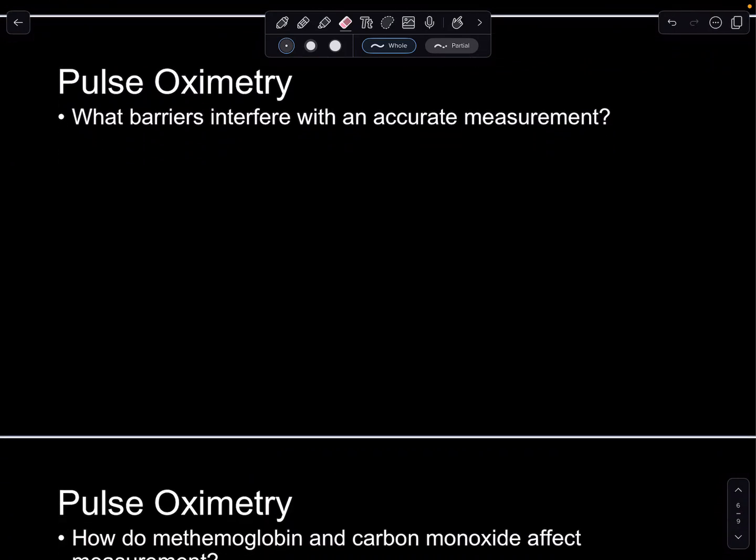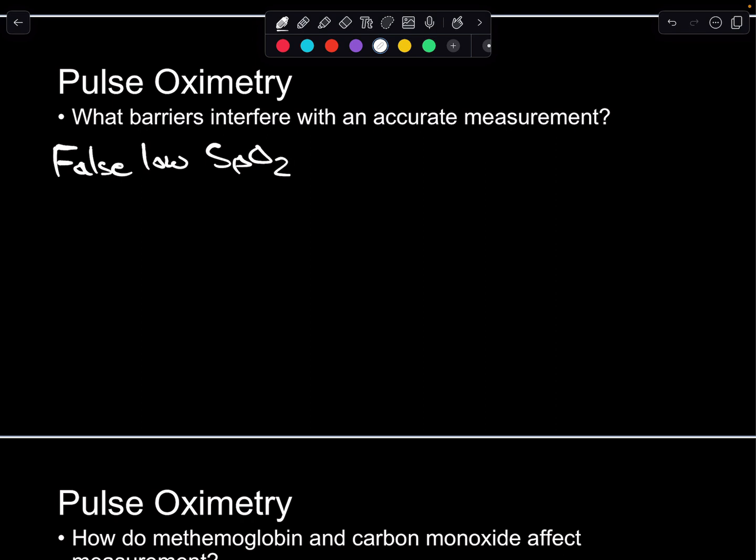A few different factors can produce a falsely low SpO2 reading. So various dyes. The two most common ones are going to be methylene blue and indocyanine green.